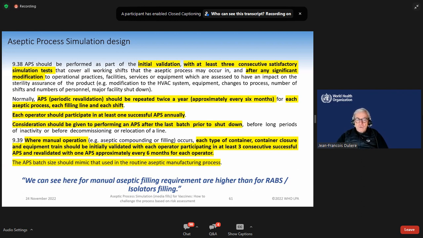I've said that we do not need to remove the conventional filling lines from operation with this new annex. Maybe with the WHO organization, we will have some flexibility, but for sure, we will have such high constraints that we will need to consider the point.